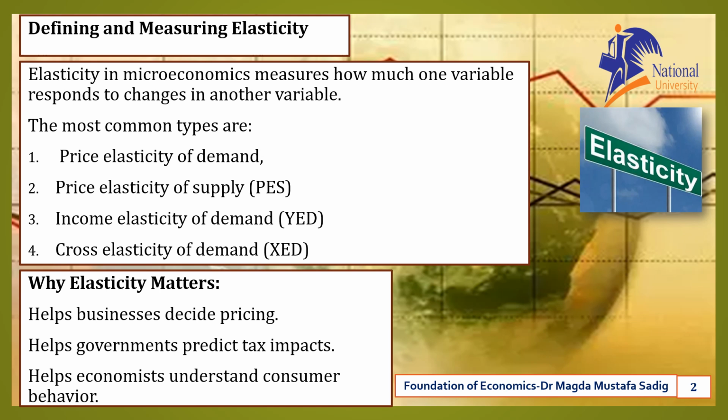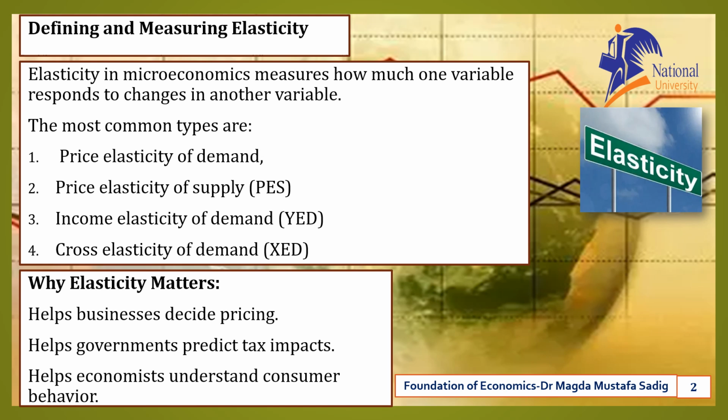The last one is cross elasticity of demand. This measures how the demand for one product changes when the price of another product changes. For example, if the price of tea goes up and people buy more coffee, these products are substitutes and the cross elasticity is positive.